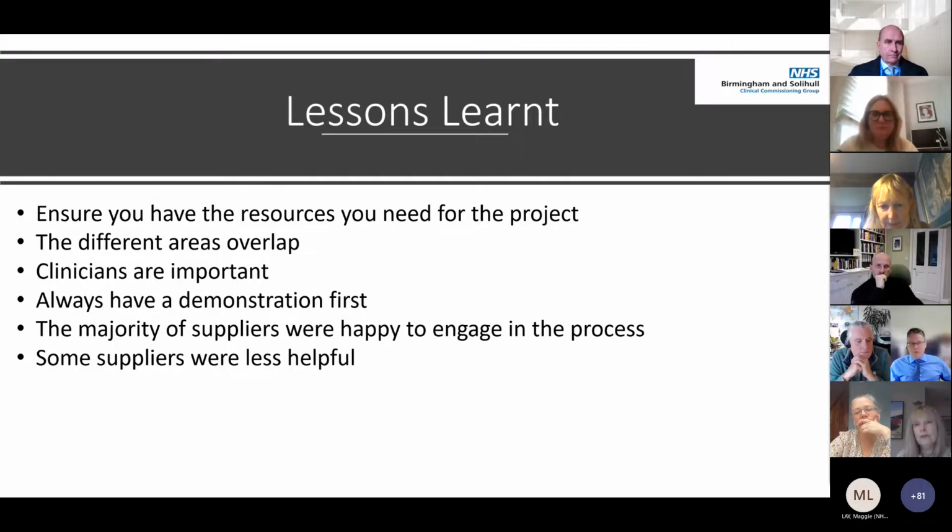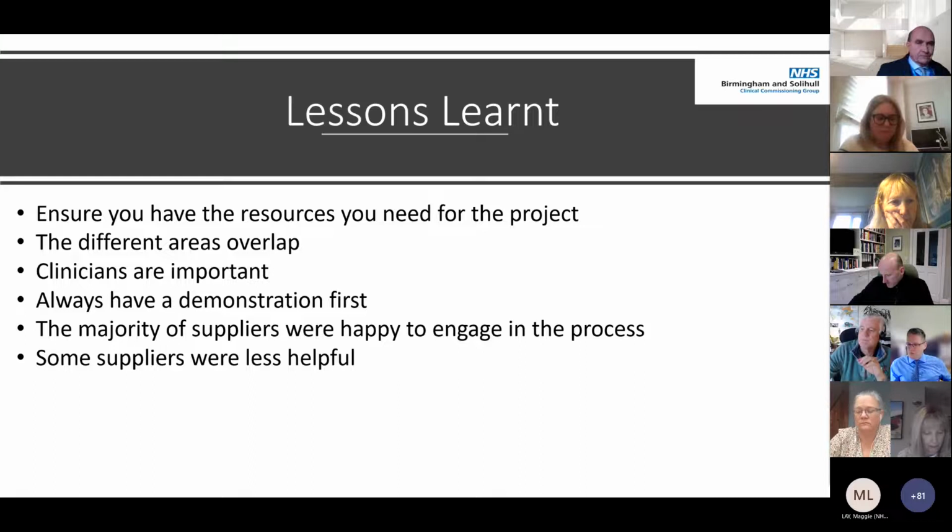The point we made to them was, well, we're the commissioners, so we're the ones who are responsible for implementing this product. Yes, it might have passed all the assurance to be on the framework, but we're assessing whether it's suitable for us in our environment with all of the factors that we know locally.